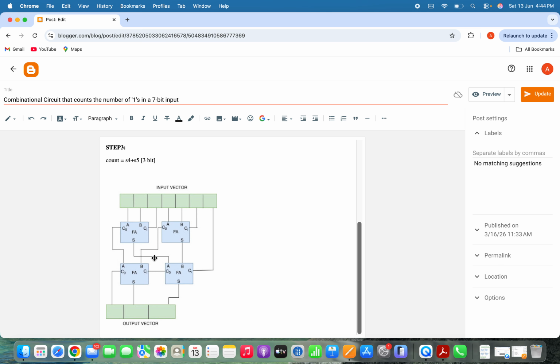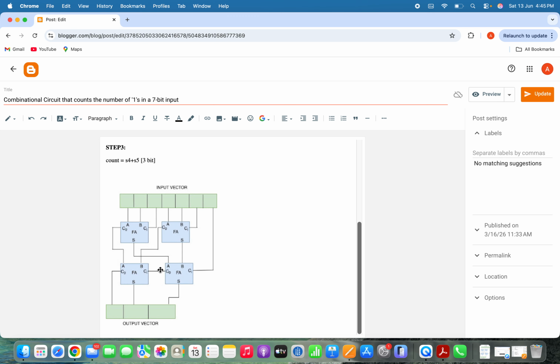At this point, the 7 input bits have been reduced into a smaller set of intermediate sum and carry signals. In the second stage, the first full adder adds x0 along with the sum outputs from the 2 full adders in the first stage. At the same time, the second full adder combines the carry outputs generated in the previous stage.